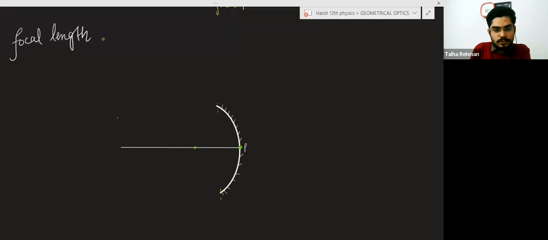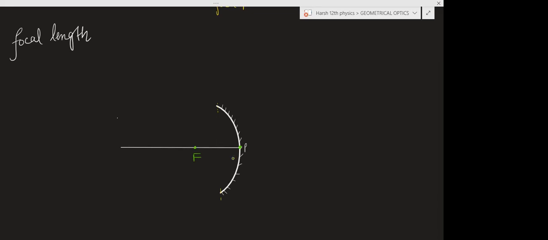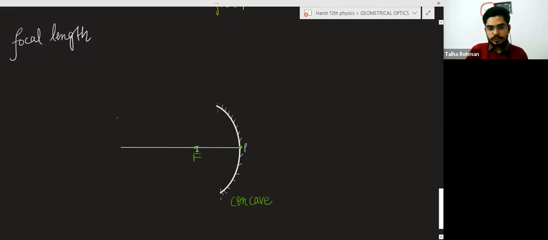This is the focus of the concave mirror.